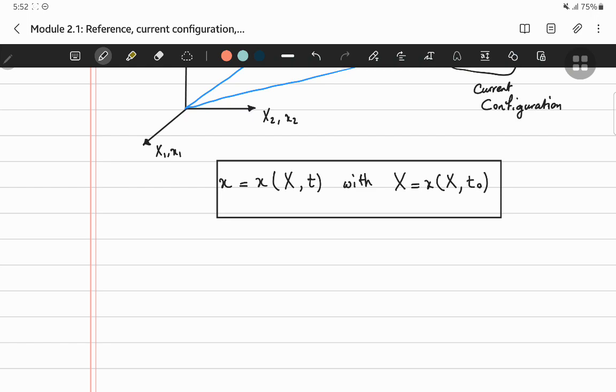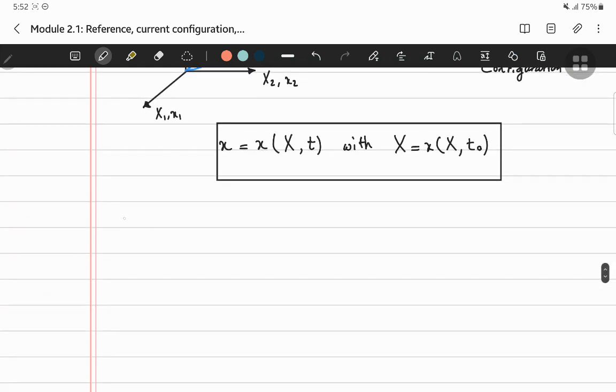Great. So that means if you have, for example, x1 is a function of x1, x2, and x3 and time.